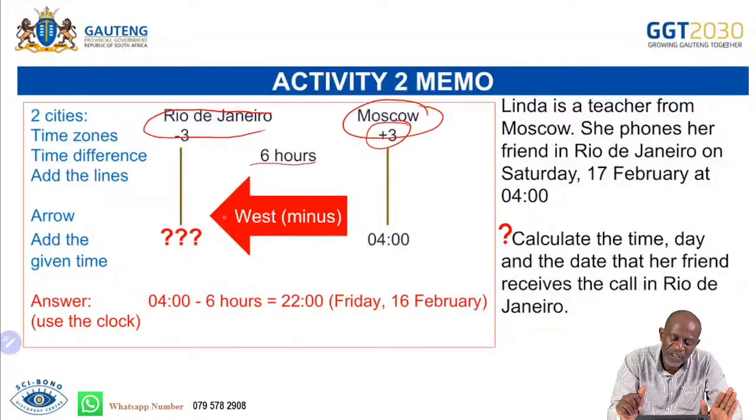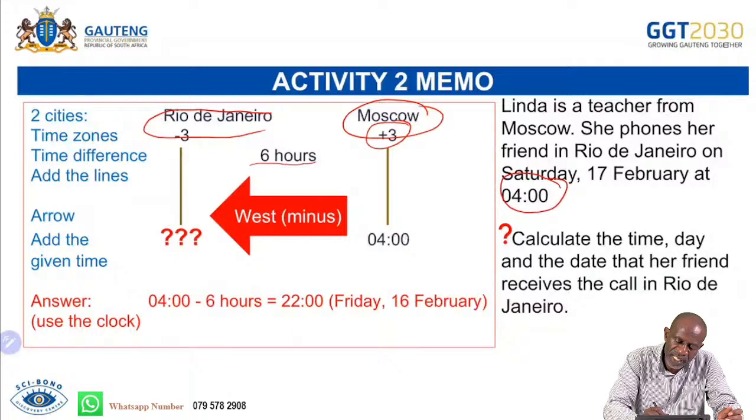The lines that we have crossed are 6 of them, which represent 6 hours, and the given time from our question is 4 hours. Oh, sorry.